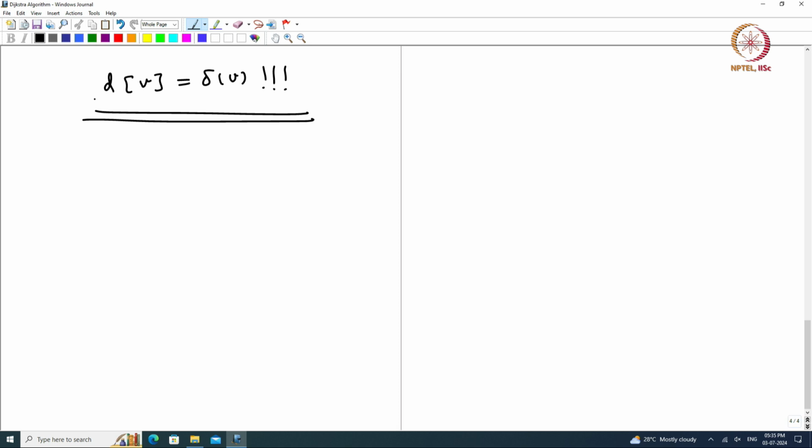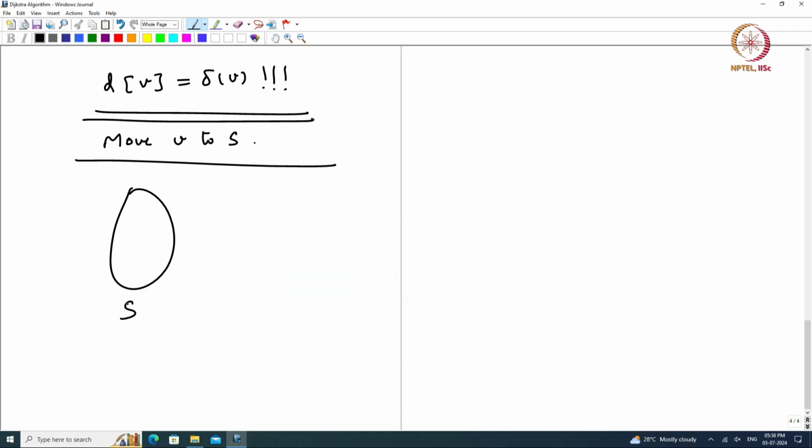Therefore, move V to S. Let us focus on the algorithmic aspect up to this stage. We have some more things to do, but let us see why, for this particular vertex, delta V is actually D of V.